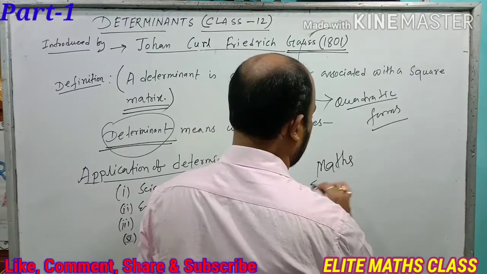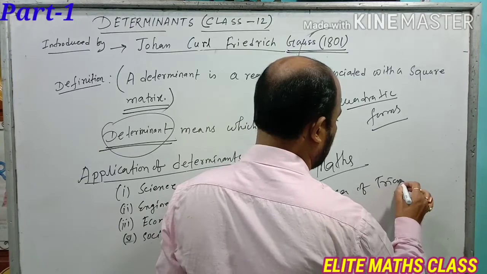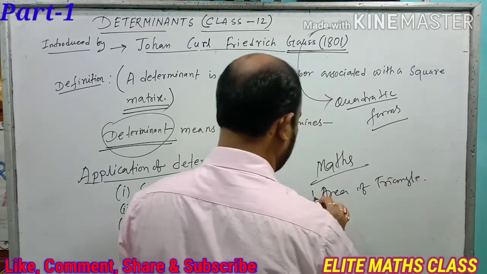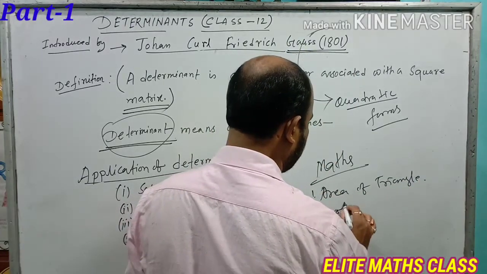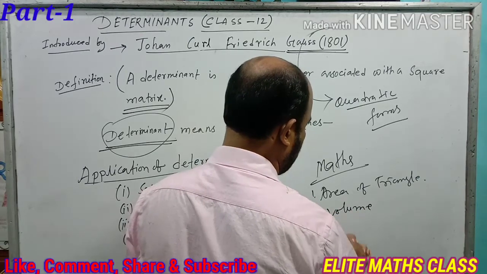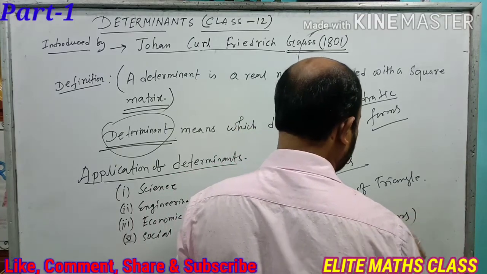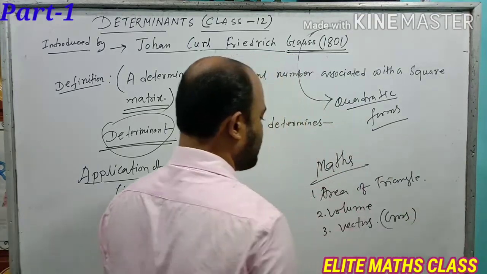Especially you can find the area of a triangle using determinants. You can find volume in vectors also. In vectors you can find cross product, box product, etc. by using determinants.